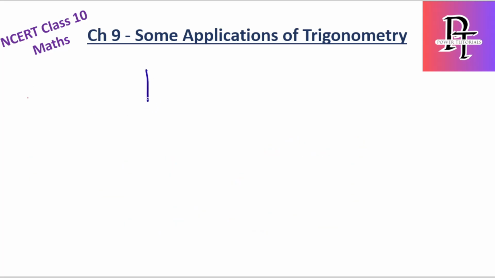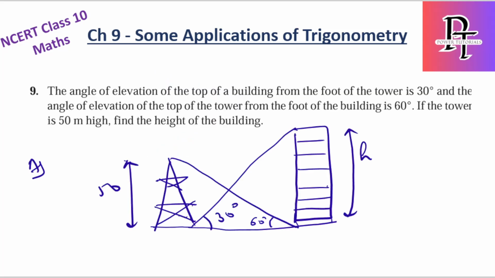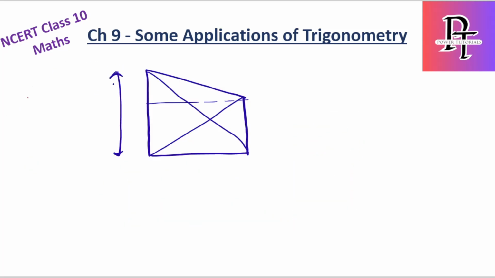So this is the tower, and suppose this is the building now. Okay, so one more angle from here to this top and from here to this part. So this is the tower. Tower height they have mentioned, how much? 50. Building height they haven't mentioned, we have to find this building height.